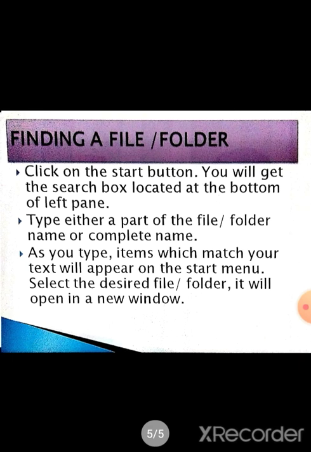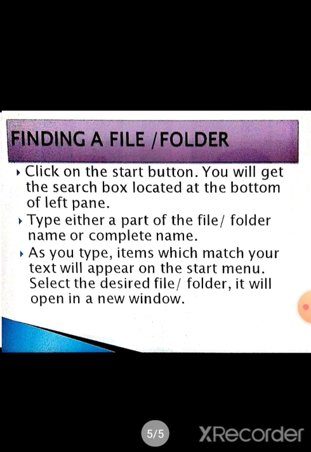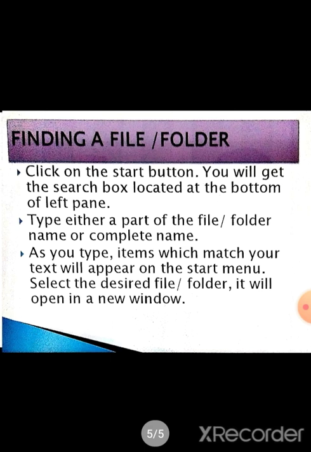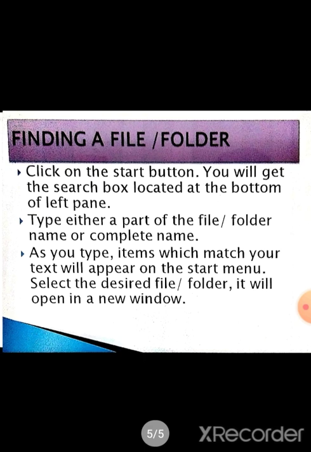To search a file or a folder, first click on the start button. Now you will find a search option located at the bottom of the left panel. In that box, type the full name of a file or a part of a file name. Either you can type the complete name or you can type a part of that file name.